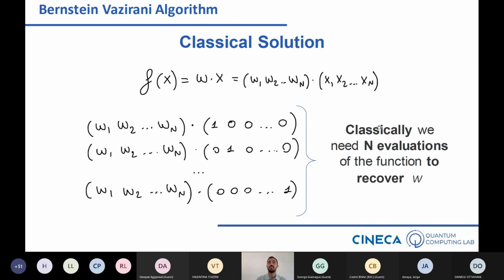So with this first evaluation, you retrieve the value of the first bit of the bit string omega. So it's n times. And this is the classical solution.